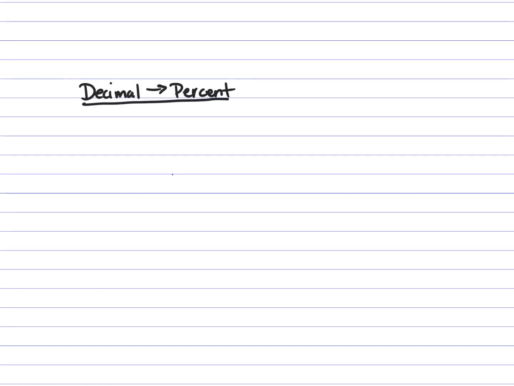Let's go look at decimal to percent from our previous example. So we have 0.375 and 0.667. Now, percents are out of 100, and you can have more than 100%, but the base in percentages is 100. So when we're converting a decimal to a percentage, all we're really doing is multiplying by 100.